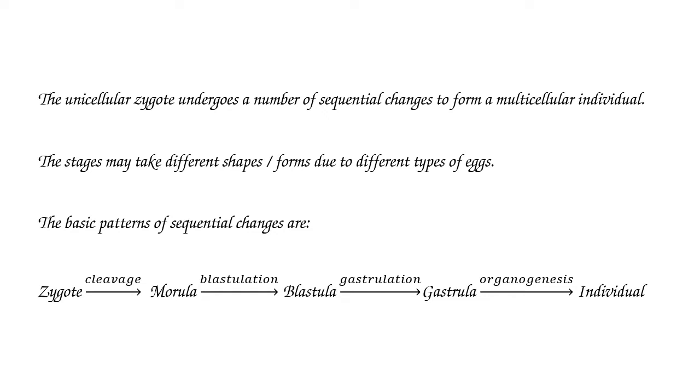The basic pattern of sequential changes is: the zygote undergoes cleavage or mitotic division to form morula, and it undergoes blastulation to form blastula, and it undergoes gastrulation to form gastrula, and the gastrula finally undergoes organogenesis and finally develops as a new individual.